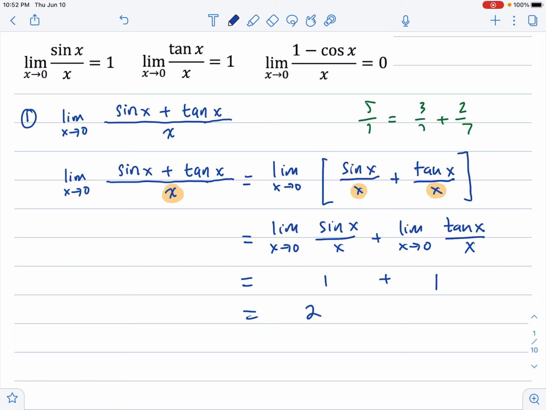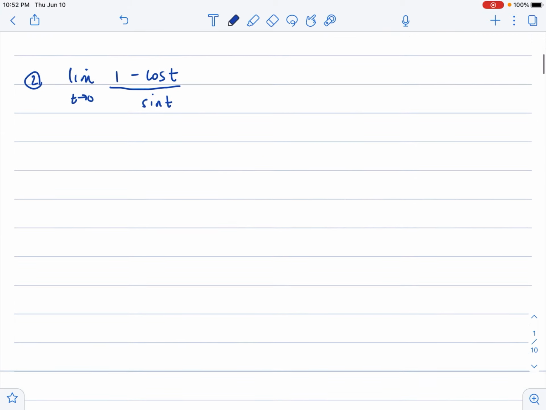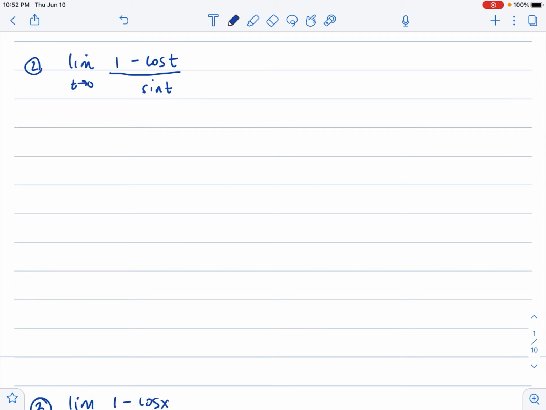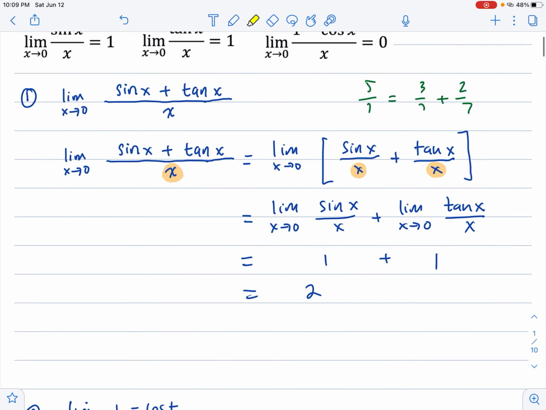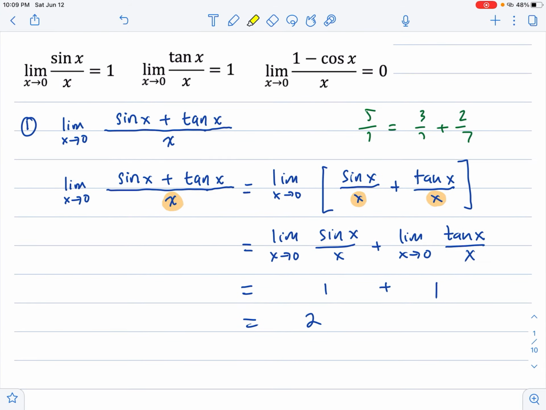Alright, so for the second number, we have the limit of 1 minus cosine t divided by sine t as t approaches 0. We can copy also, para hindi na tayo magsulat ulit. Copy and then paste. Now, kung mapapansin nyo, yung 1 minus cosine t tsaka sine t, these are the same expressions doon sa mga equations natin dito, yung sine x tsaka 1 minus cosine x, no?